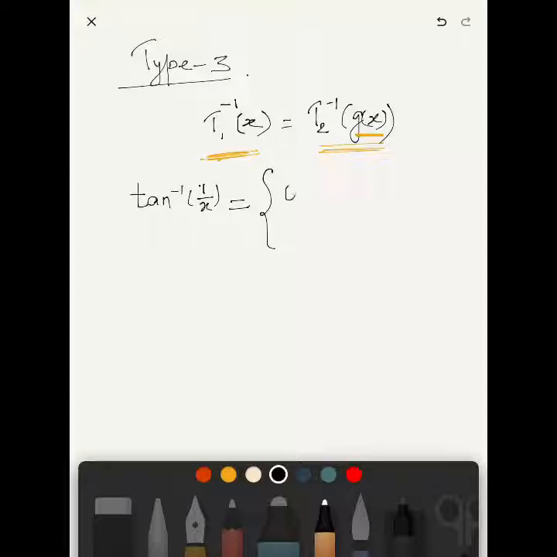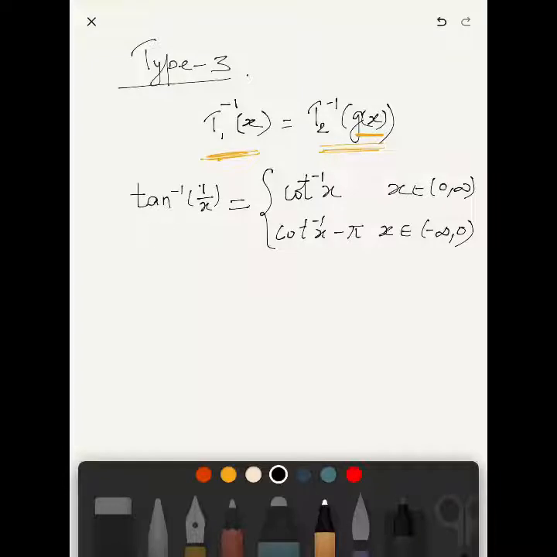So your answer is cot inverse x if x belongs from 0 to infinity. But if x belongs to minus infinity to 0, means when x is negative, your answer is cot inverse x minus pi.